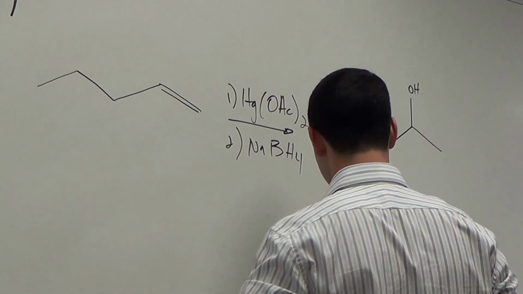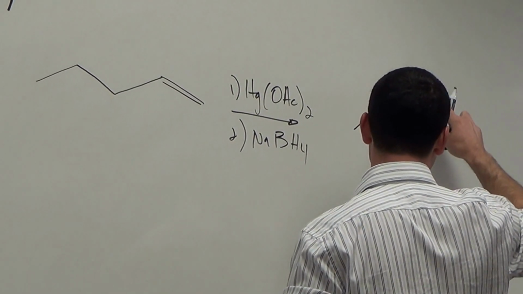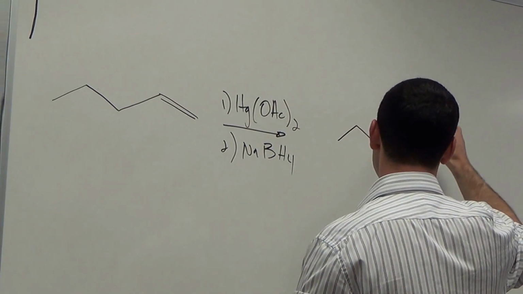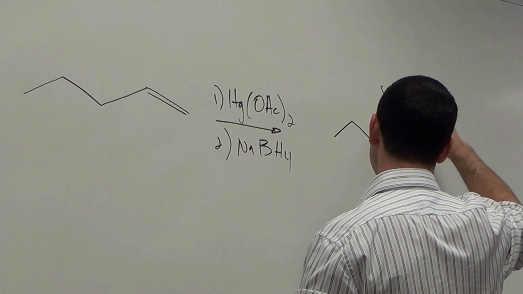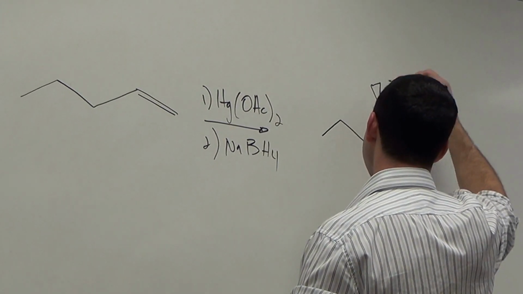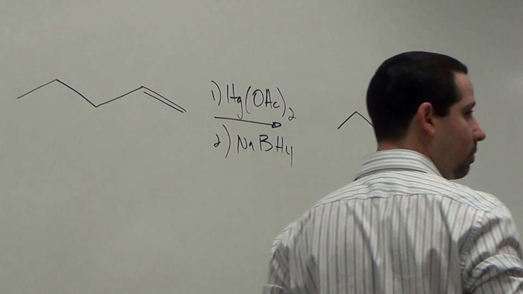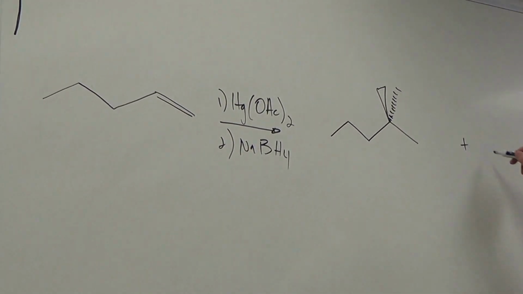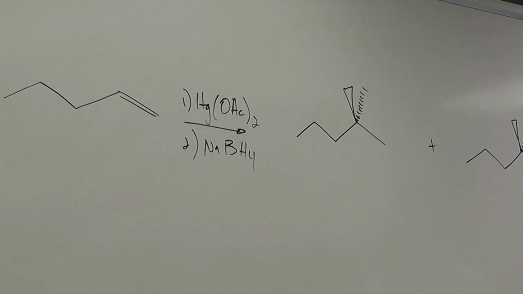So you are not going to do this like this. You do this on the test, I will take off points. Plus the enantiomer. Where does the OH go?